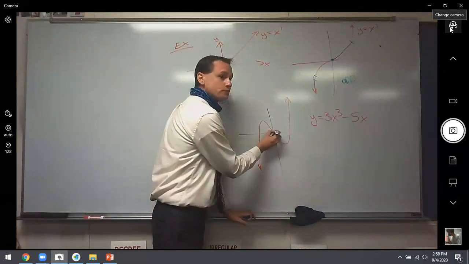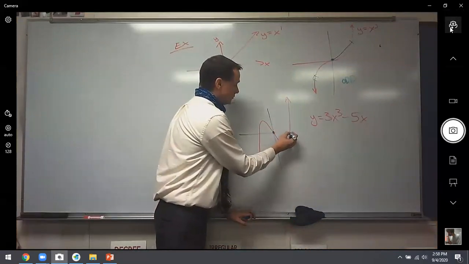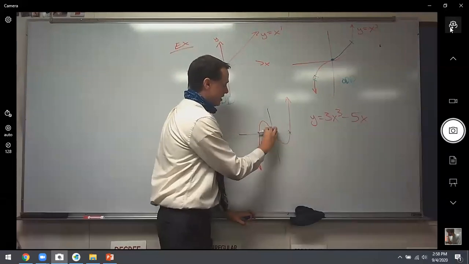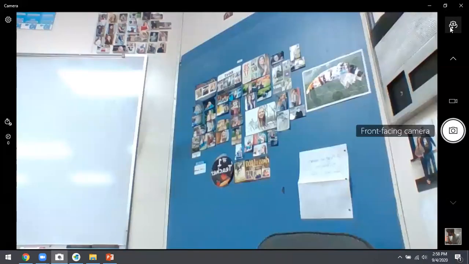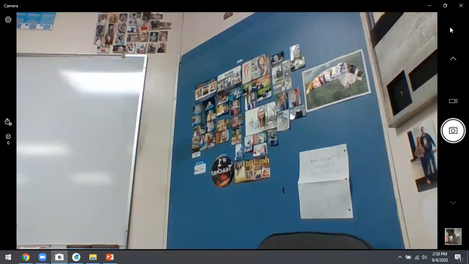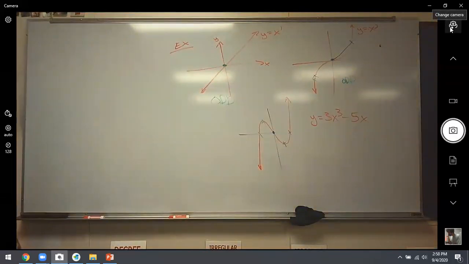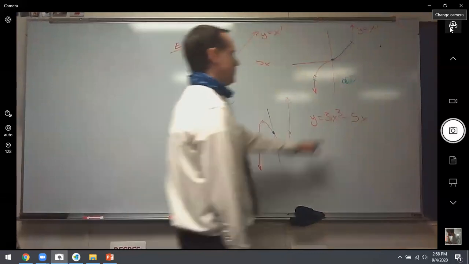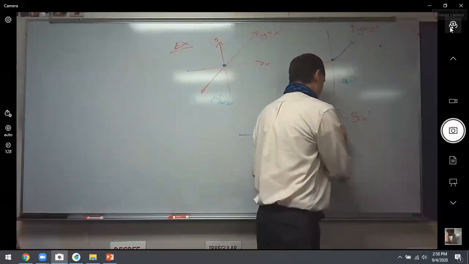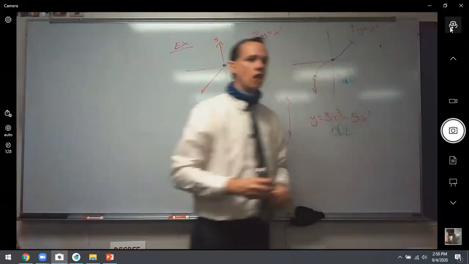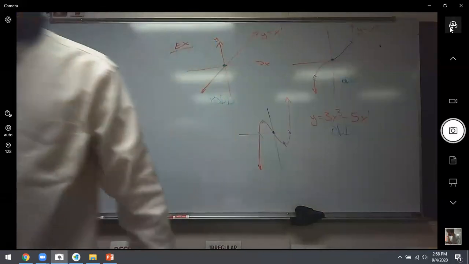Here's the origin, right? Let's pick a point. This is a point. If I flip that over, guess what I get? Right there, right? If I pick the bottom and I flip it over, I get that right there, correct? So it looks to be odd. Look at all the exponents in the equation. Because they're all odd, that makes this odd. And that's how you can easily check by looking at the equation.